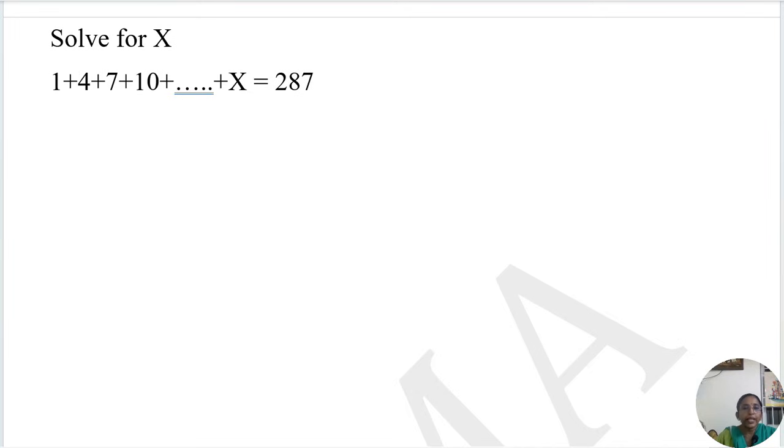Solve the value of x in this problem: 1 plus 4 plus 7 plus 10 up to x is equal to 287. So here our a value is equal to 1 and d is 4 minus 1, 3, and our l value, or last term value, is x here. Here x is our an value.